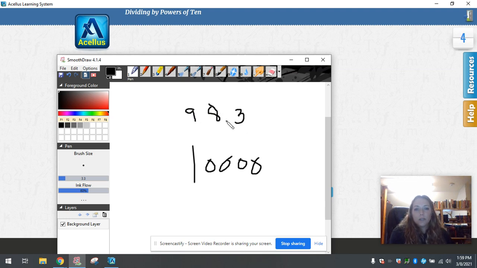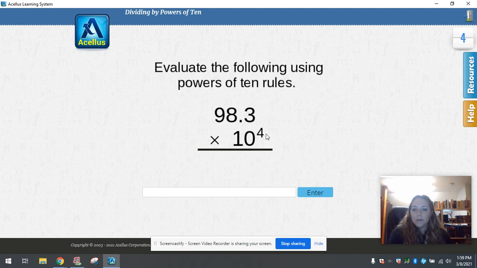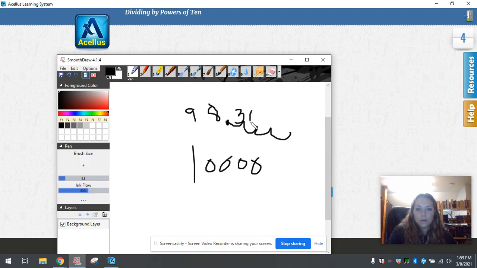Okay, so what I'm going to do here is I can move my decimal to the right 4 places. 1, 2, 3, 4. You'll notice that the amount of times I'm moving my decimal to the right matches the exponent. So I get 98.3. I moved my decimal to the right 4 times, and I filled in those empty spaces with zeros.